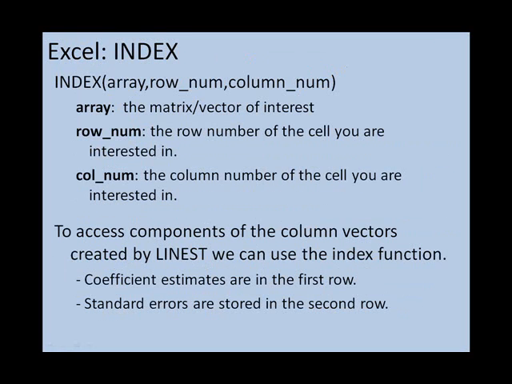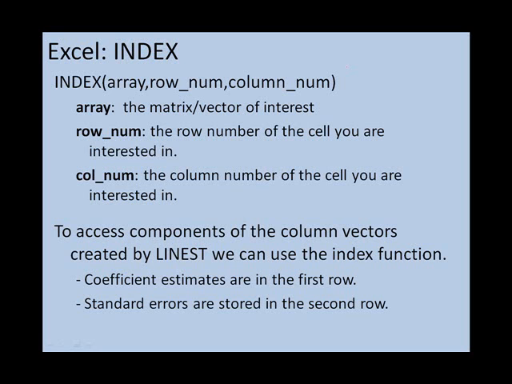A second function that is also very useful is the index function. The index function allows us to access components of the column vectors created by the linest function. We want to access, for example, the value of the intercept and the standard error of the intercept.